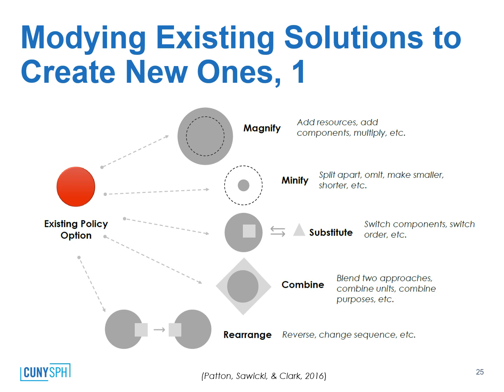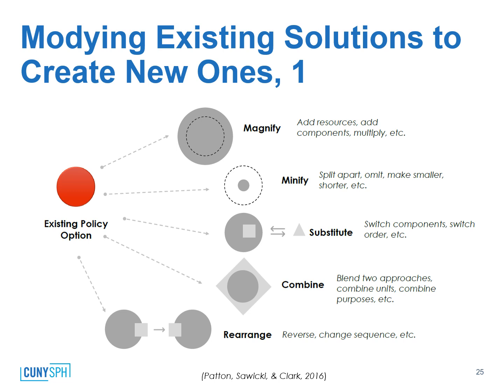Under substitution, we would switch components or processes, such as replacing clinic-based testing with home-based kits. Under combination, we might blend two or more approaches, like integrating harm reduction with mental health outreach. And then under rearranging, we would change the order or sequence. And as an example, we might offer counseling before testing, or vice versa.